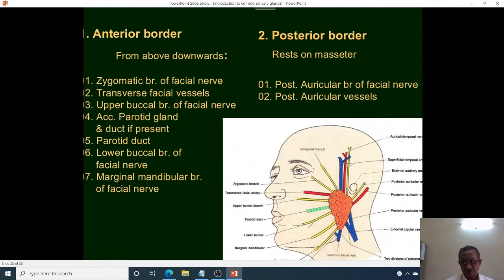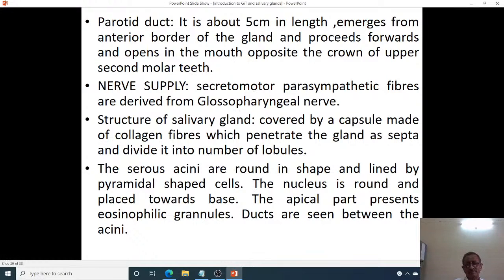So the anterior border is related to the branches of the facial nerve, the facial artery and the parotid duct, whereas the posterior border is related to the posterior auricular branch of the facial nerve and posterior auricular vessels. That's about the various relations of the parotid gland.